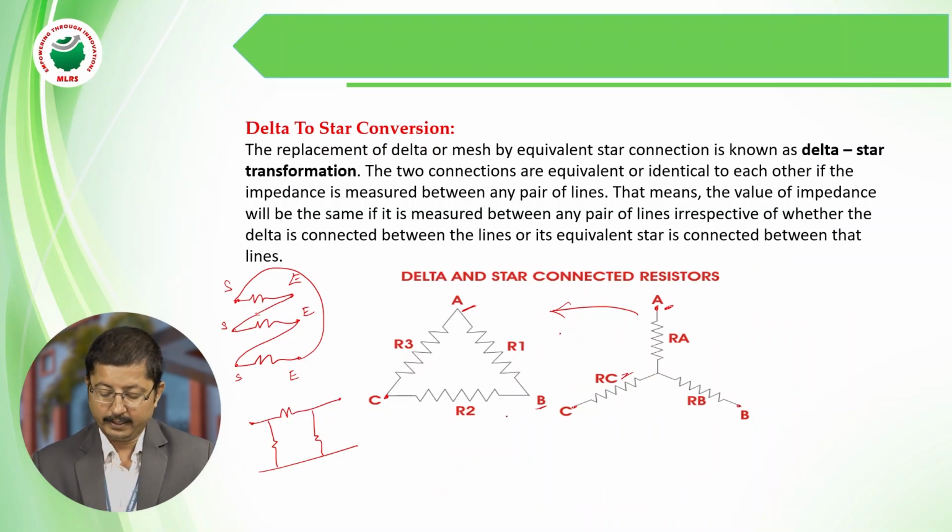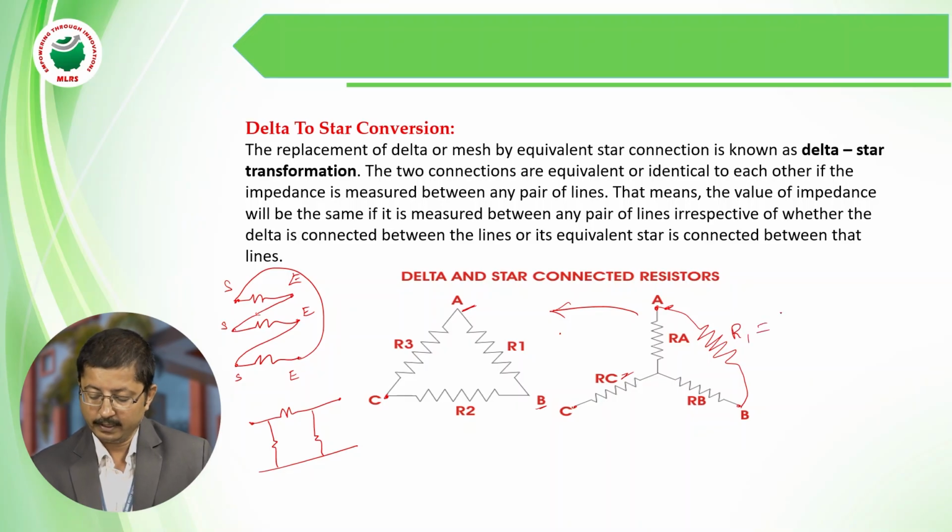To find R1, I connect this R1 between these two points. So R1 is nothing but RA plus RB plus RA RB divided by RC.